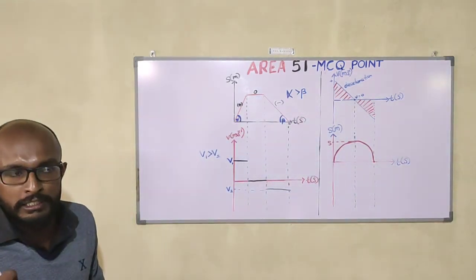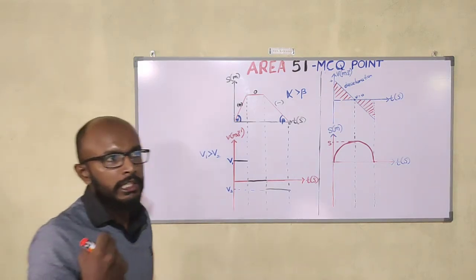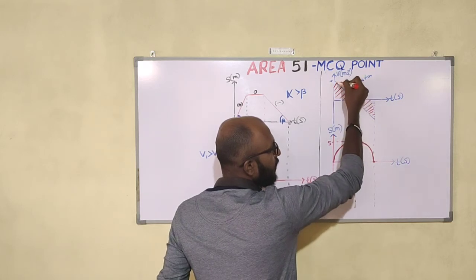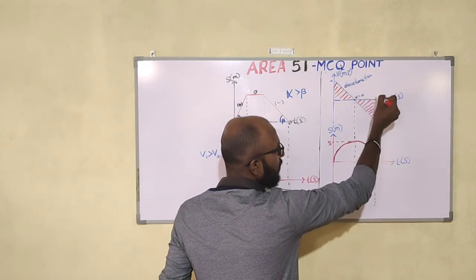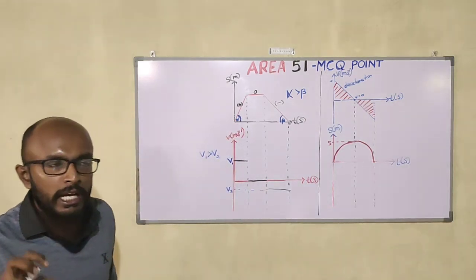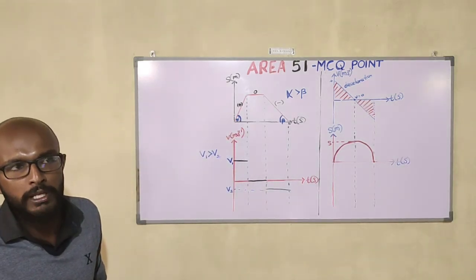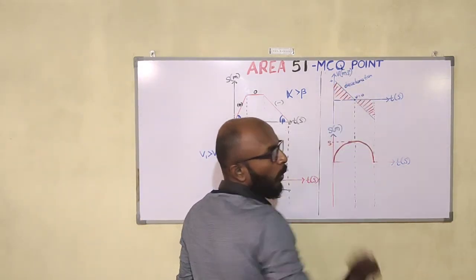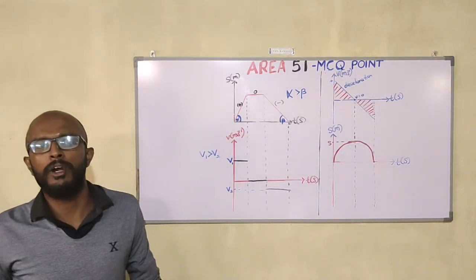The reason is here the area is a positive one, here the area is a negative one. So we can get the displacement by calculating the area of a velocity time graph.